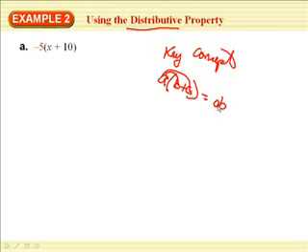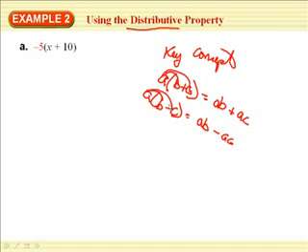So a times b is ab, plus a times c is ac. The reason why it's plus is because there's a plus sign there. And you do the same thing with subtraction. A times b minus a times c. And I usually put the little arrows to help me. And it works out good with variables as we're getting better in algebra.